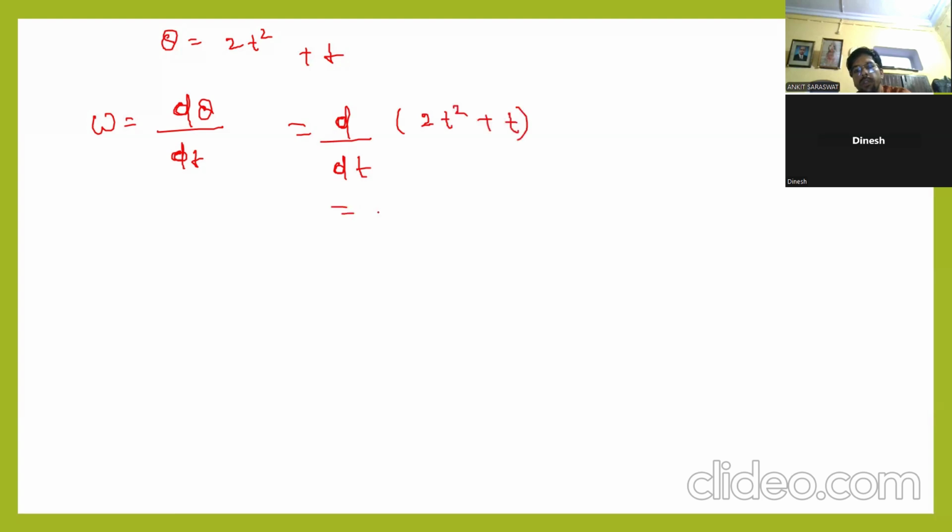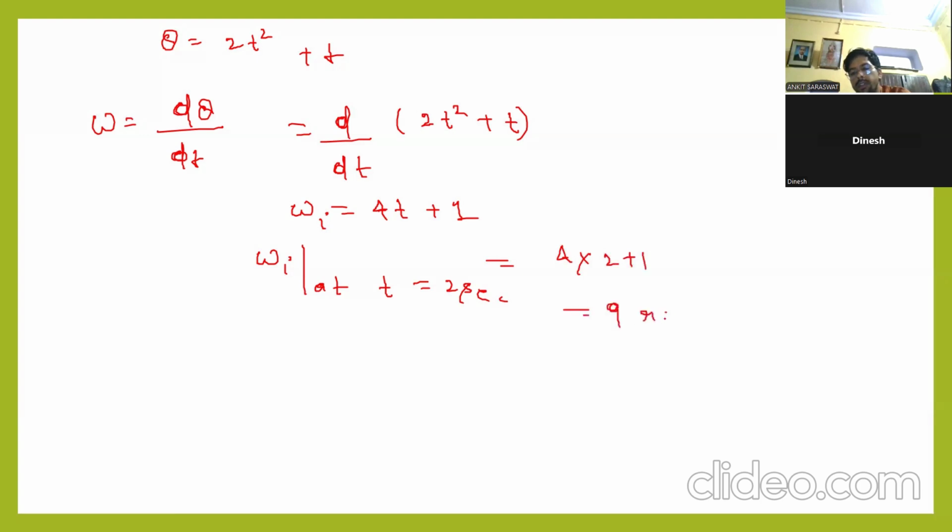If you solve this, you will get 4t plus 1. This is the instantaneous angular velocity. Now if they are asking at t equal to 2 seconds, put the value t equal to 2. The answer will be 9 radian per second. Clear?